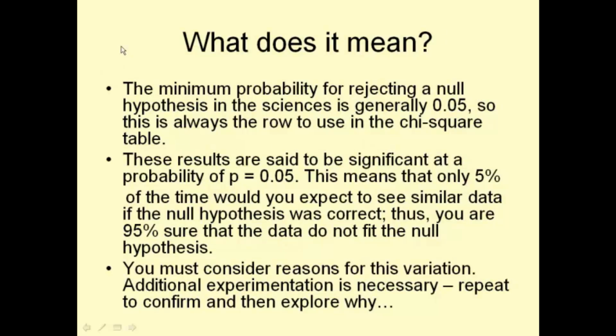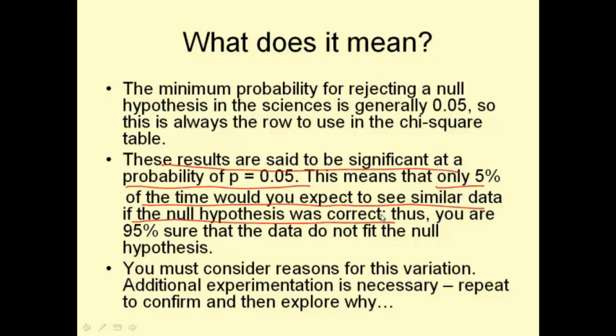Now to explain why we use that number 0.05, this means that those results that you got would be significant at a probability of 0.05, meaning that only 5% of the time would you expect to see similar data if the null hypothesis was correct.